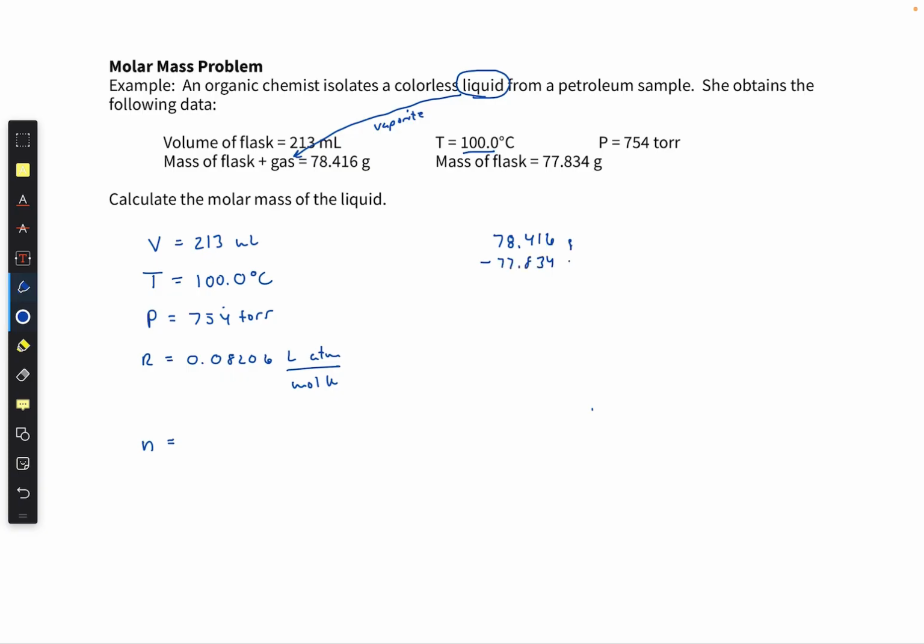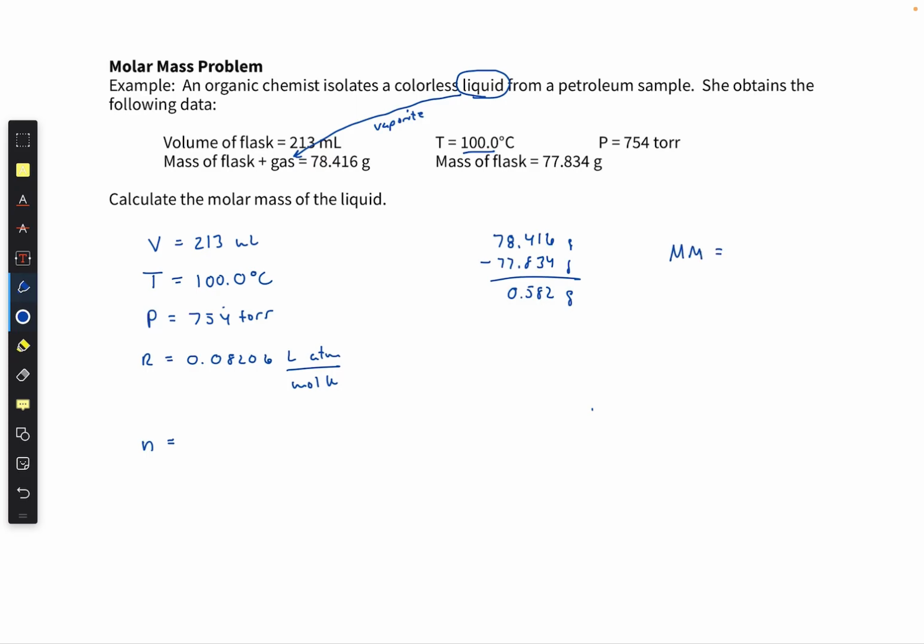And so when we do that, we have 77.834 and 78.416. Subtract that, and we get 0.582 grams as the mass of our sample. And remember that what we're trying to find here is molar mass.